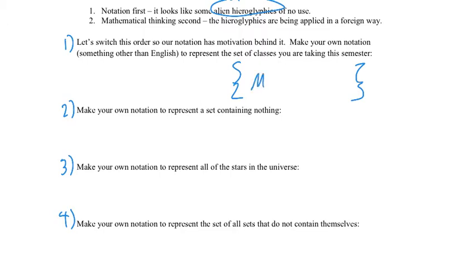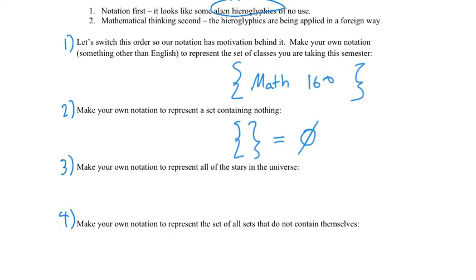And maybe the class that you're taking is Math 160, maybe there's some other ones, but this might be how a mathematician would notate that. The set containing nothing, you could just write brackets with nothing inside. That's one possibility. Another way that the mathematicians have decided to do this is write a 0 with a strike through to represent the set containing nothing, or called the empty set sometimes.